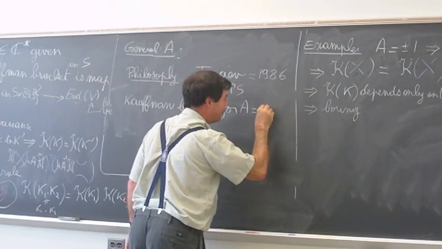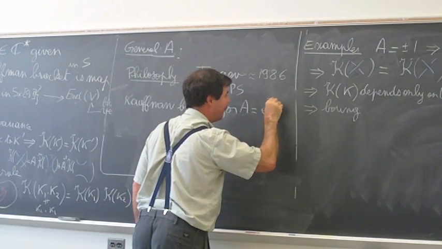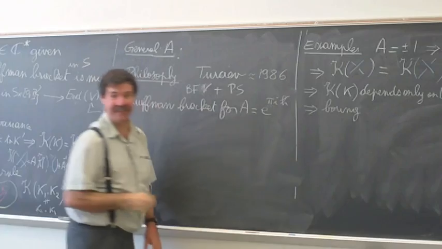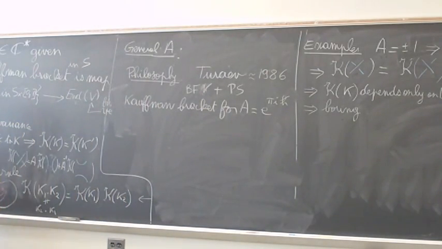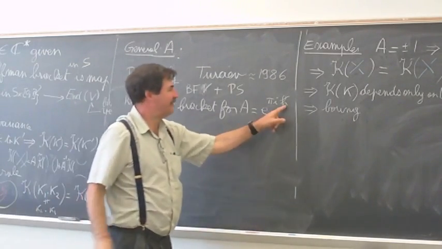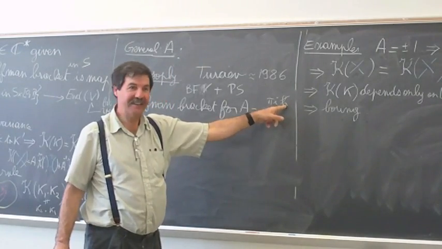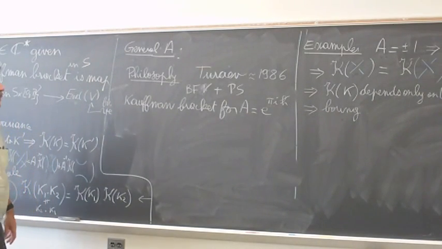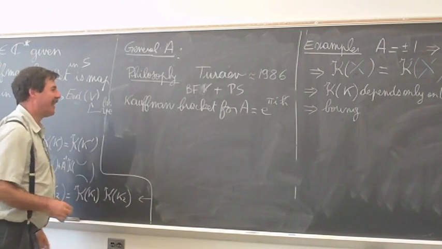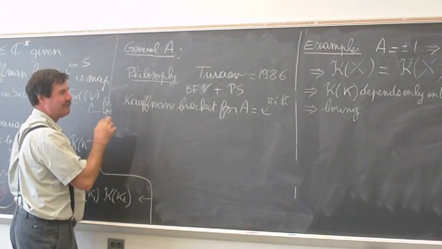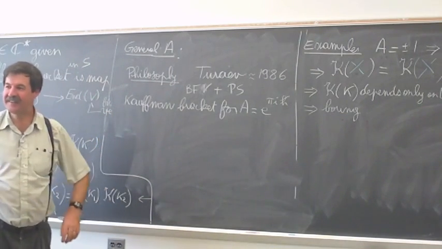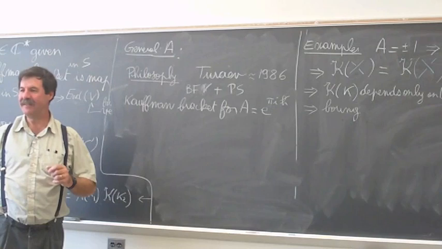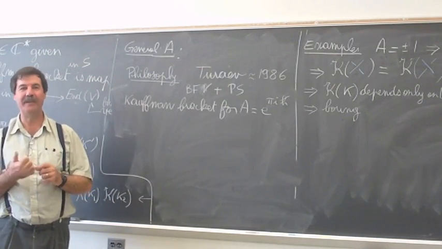A is a number, but let's write it as the exponential of pi i h with a finite h. The physicists think of this h as the Planck constant. Is it a variable now? Not yet, it's a parameter. The physicists take the Planck constant and look at the limit when it goes to 0 and when it goes to infinity.